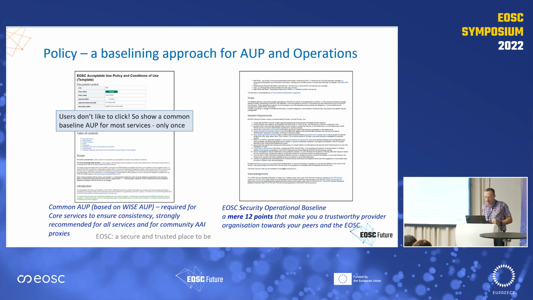So harmonized policies is a big win for us, and this is something the security team makes use of. So we also have the security operational baseline, which are 12 points to make you a trustworthy provider.